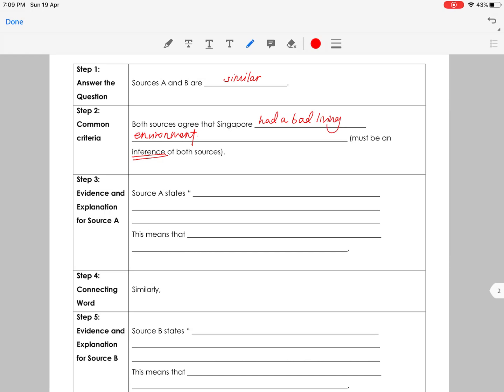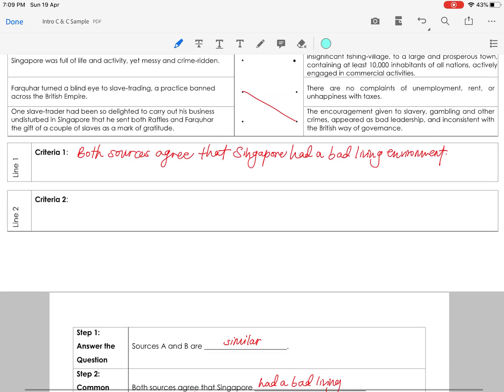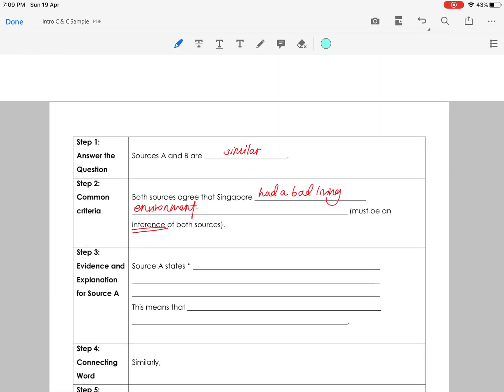I'm guiding you before you try it out on your own in the next practice. So where do I get my evidence from? From source A. I'm going to write it down from source A. You must copy down the whole sentence.